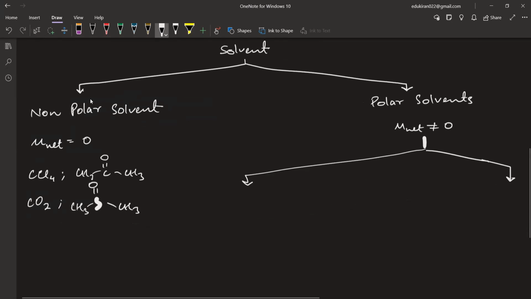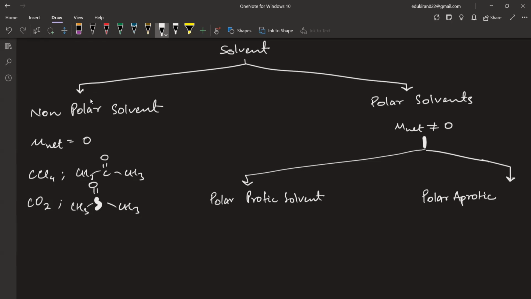One, we have polar protic, and the next one, we have polar aprotic. Polar protic solvent and polar aprotic solvent.